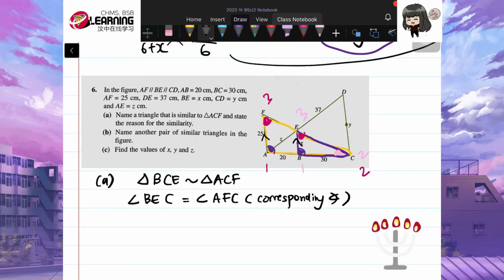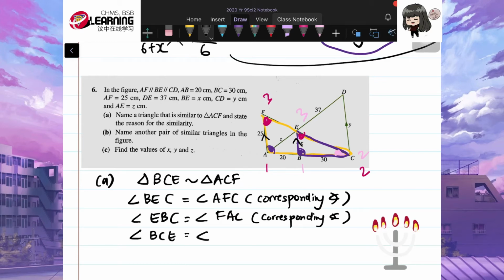The second one, the purple one: angle EBC equals angle FAC, and it's also corresponding angles. This is your second A. The last A, the third A, is the common angle: angle BCE equals angle ACF, because they share a common angle.